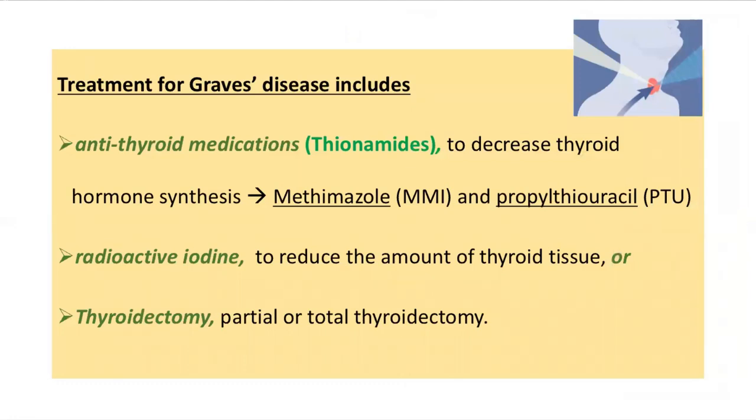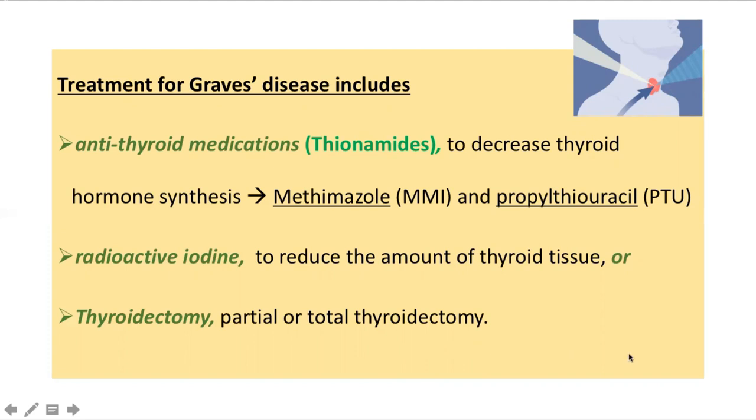There are 3 options: either anti-thyroid medications to decrease thyroid hormone synthesis, or radioactive iodine to reduce the amount of thyroid tissue, or thyroidectomy, partial or total. The anti-thyroid medications are the thionamides, which are methimazole and propylthiouracil. Methimazole or carbimazole is the most commonly used. Methimazole is the active metabolite of carbimazole. Radioactive iodine can also be used. And thyroidectomy, either removing the whole gland or part of it.